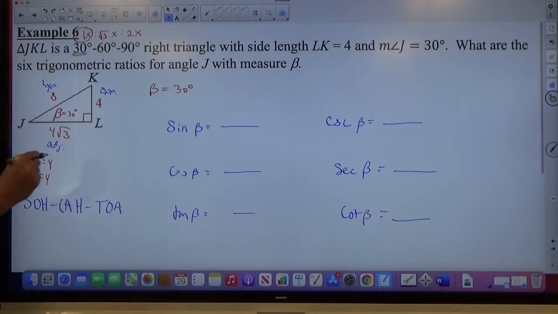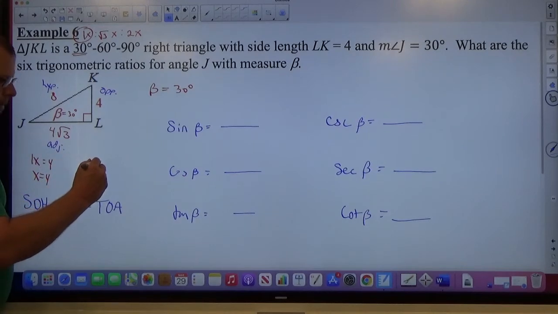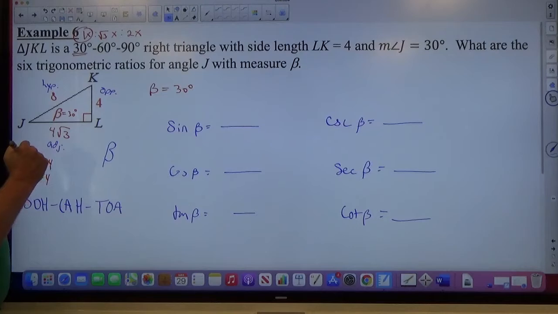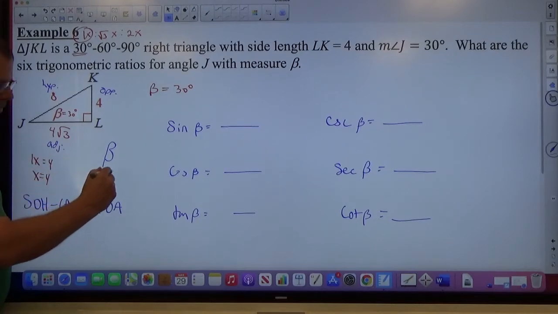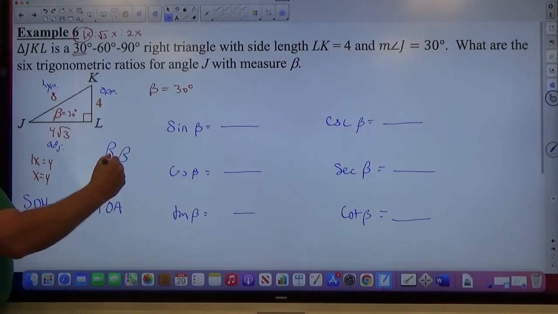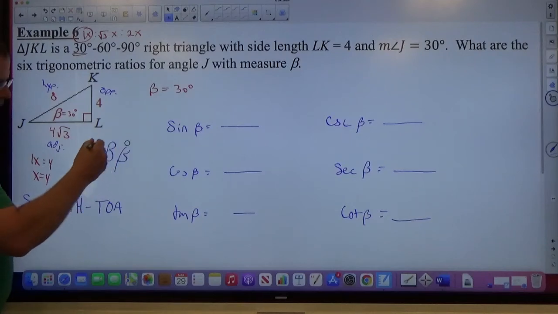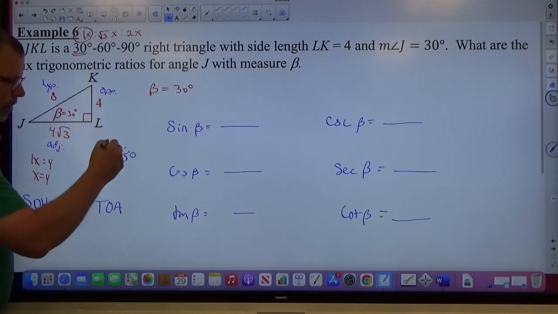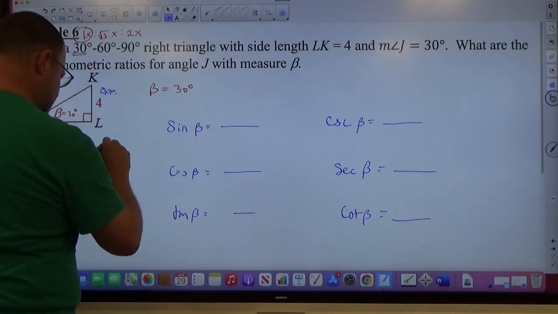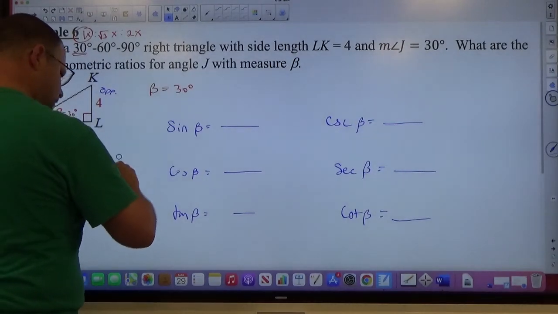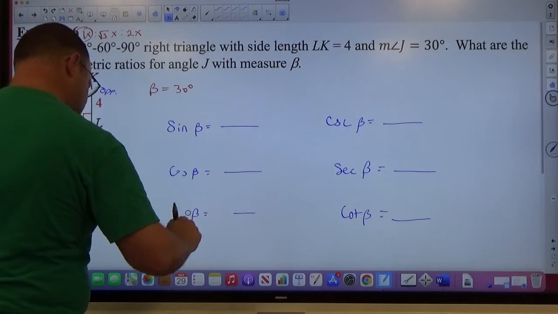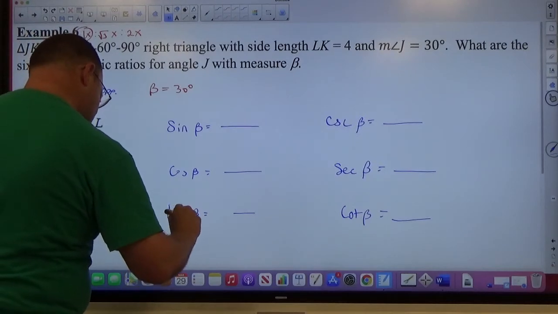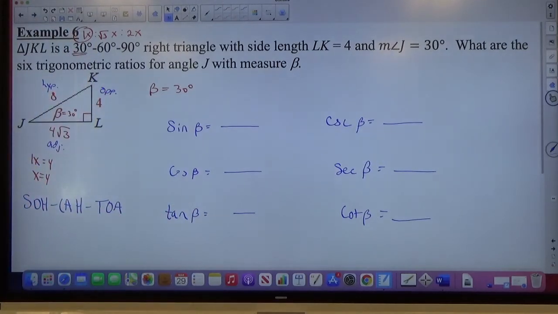To draw a good beta, you start at the bottom of the tail, come up, and then around. That's how you make your betas. So down, up, and around. Third one down? TAN, tangent. There we go, prettier.